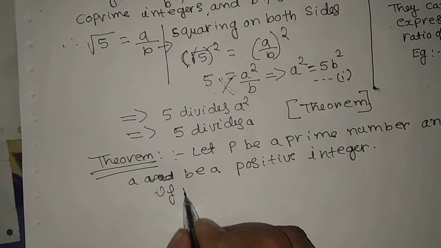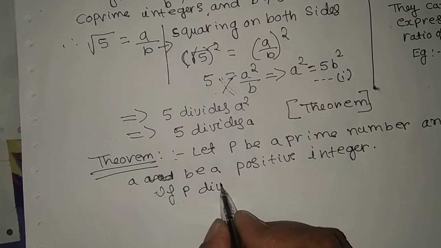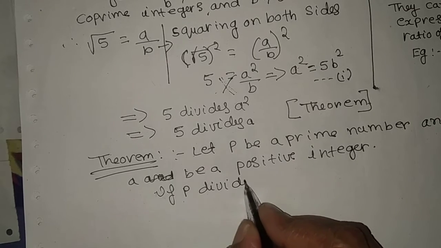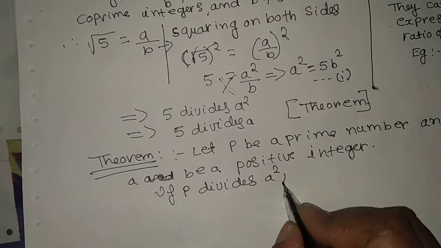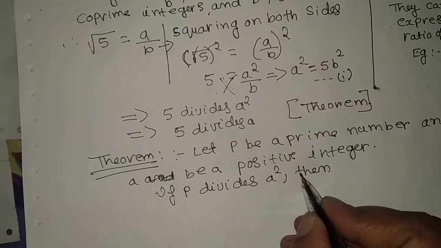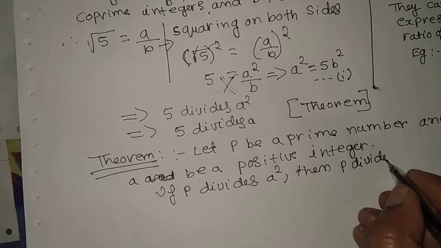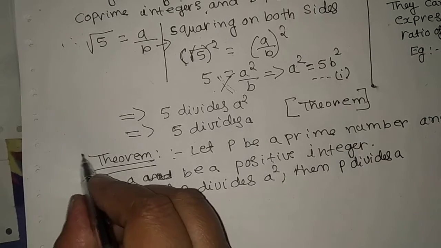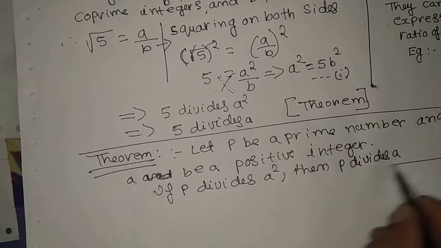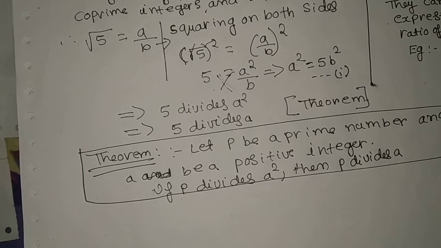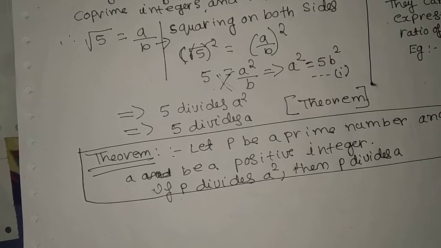If p divides a square, then p divides a. This is the theorem. So according to this theorem, we are solving this problem. This is the statement of the theorem.